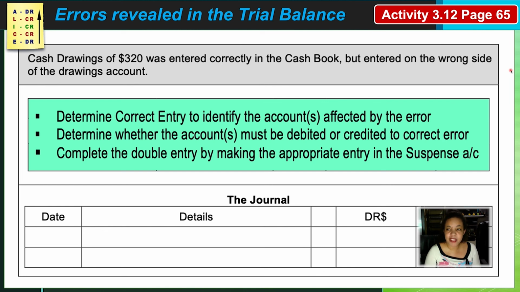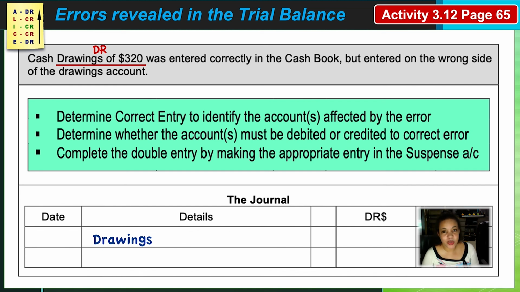So which account has to be corrected? Drawings. What do we usually do with drawings? We usually debit drawings. So we are going to go and debit drawings. But what amount are we going to debit drawings?